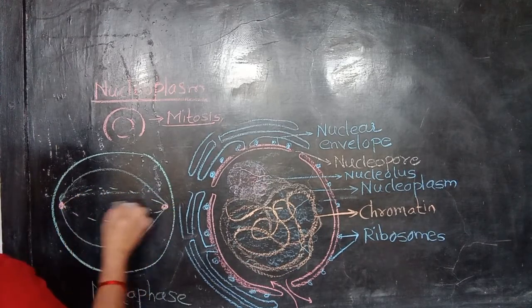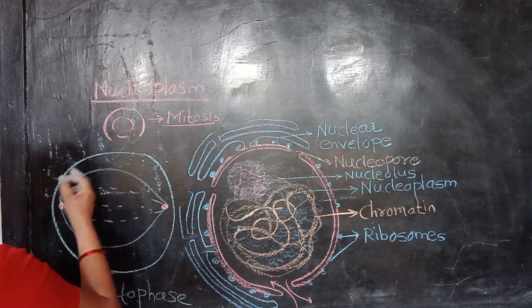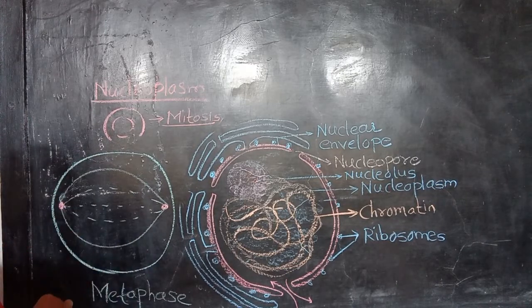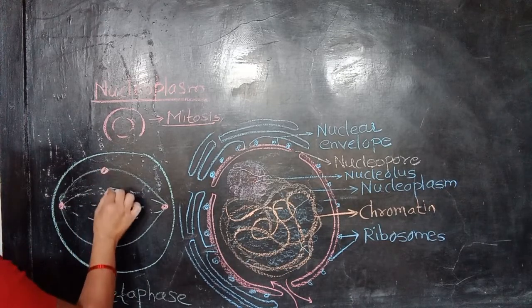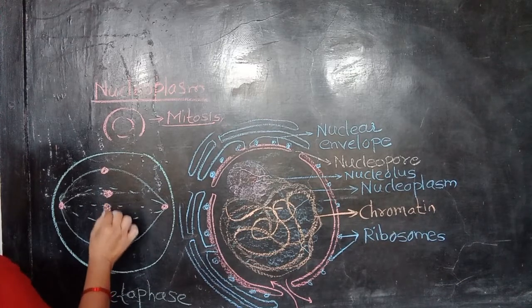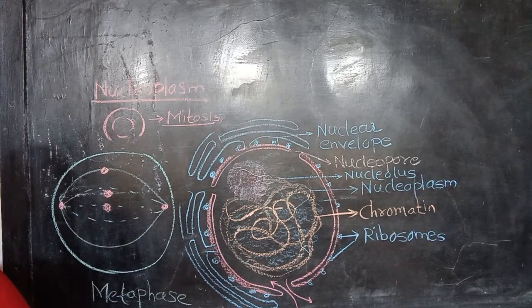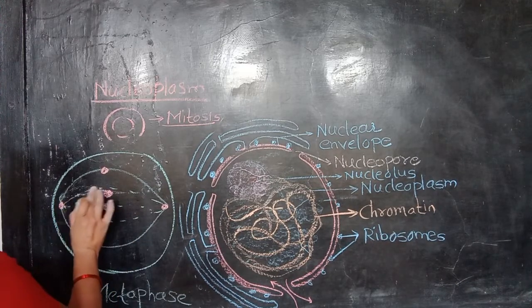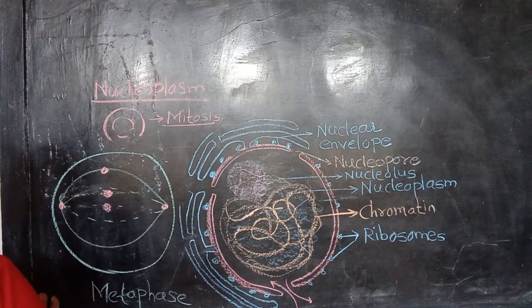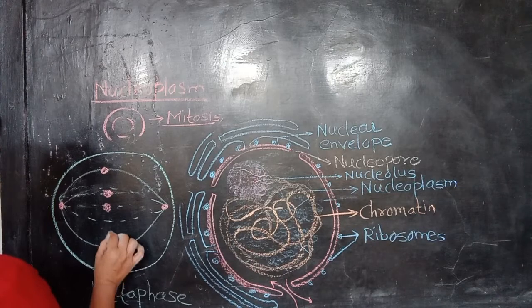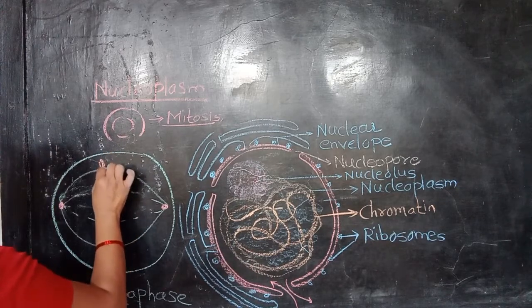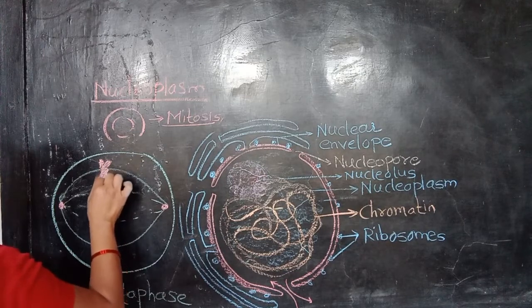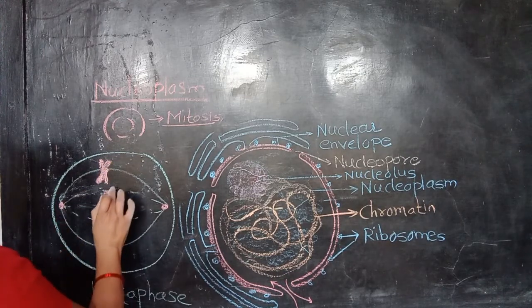These are spindle fibers. The nuclear envelope disappears, and chromosomes appear. So see, these are chromosomes.